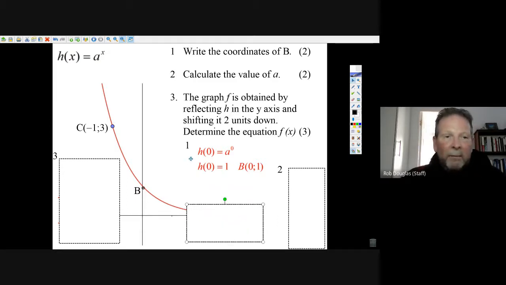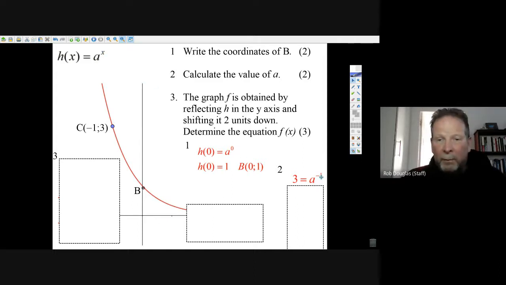Now calculate the value of a. Well, this is really y equals a to the x. What you do is you're given a point, and all you do is substitute that point into the formula, and you're going to get the right answer. Instead of h of x, you put 3. And instead of x, you put minus 1. And all you have to do is solve this.